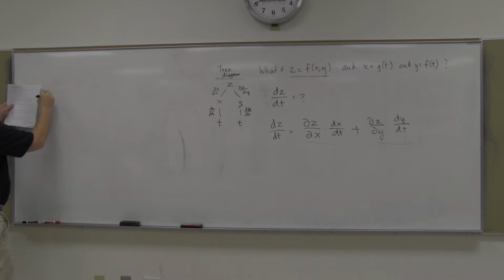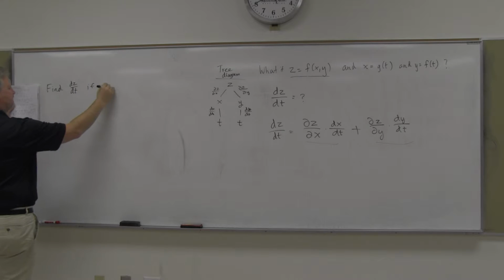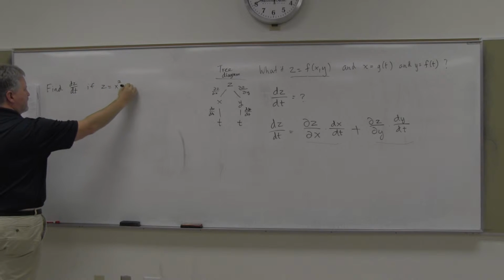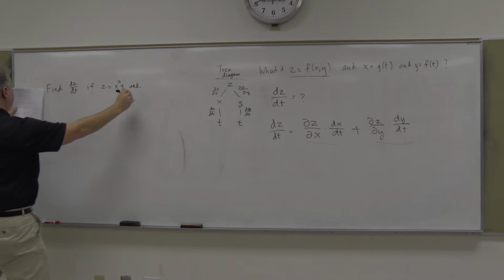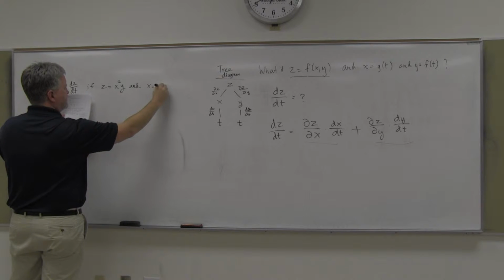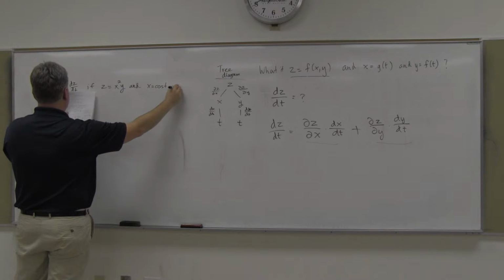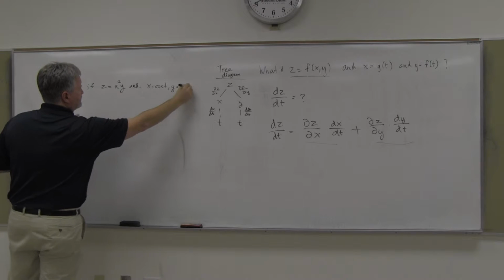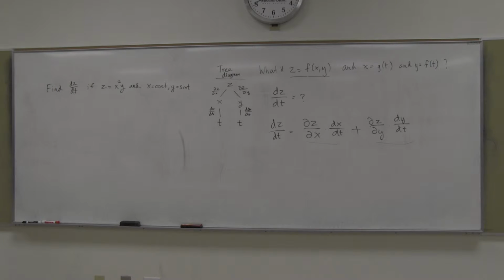All right, so let's find dz dt. dz over dt if z equals x squared y and x equals cosine t, y equals sine t. Like I said, it's a two-step process.